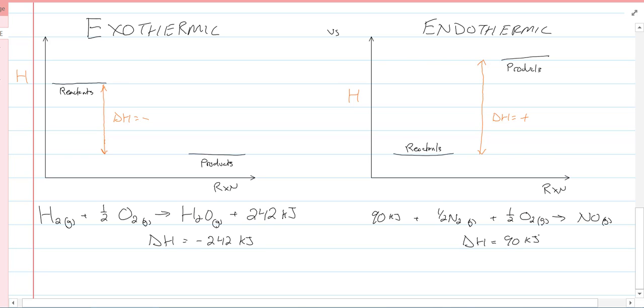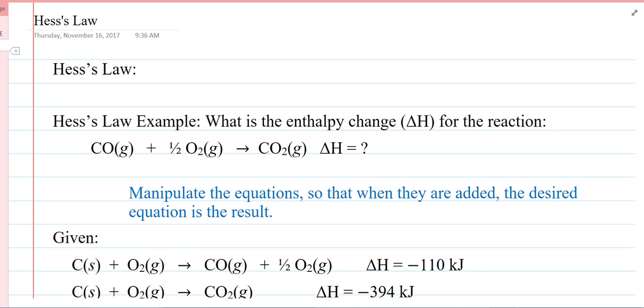The question then becomes, how do we calculate this delta H? There's three ways. First way is Hess's law.